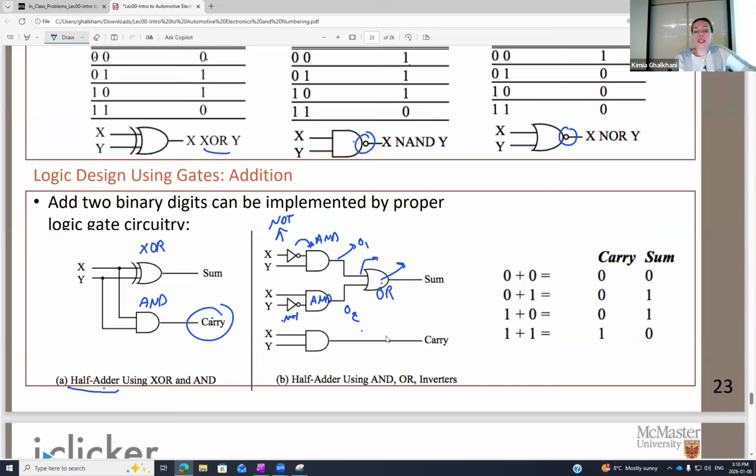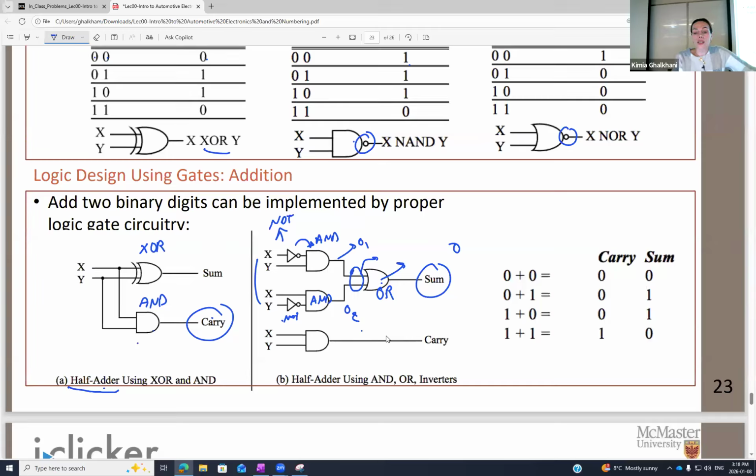So the output of this and the output of the other AND are going to become input for the OR. And then I calculate the sum. For example, 0 in here, 0 and then 0. If I go through the process, if both of them are 0 in both systems, then I'm going to have 0 as a sum. And so on.